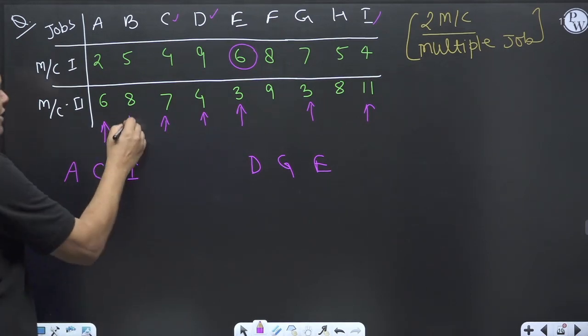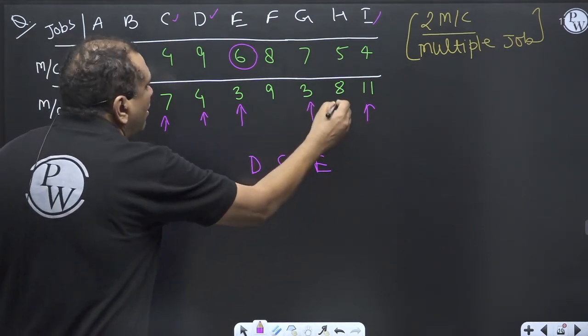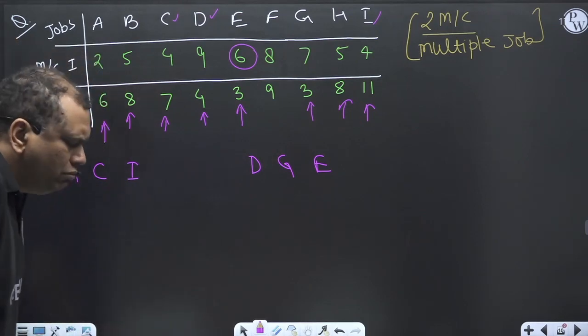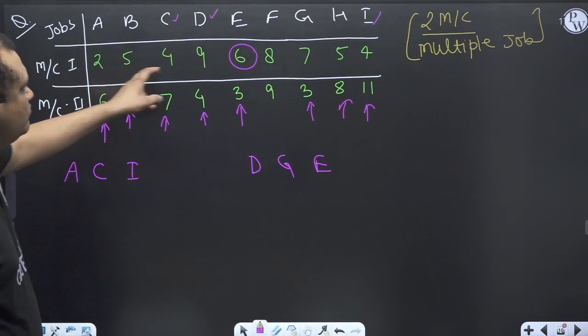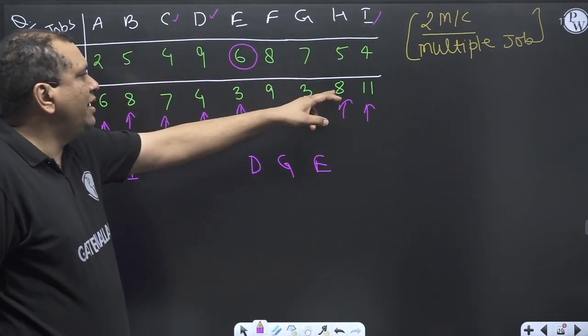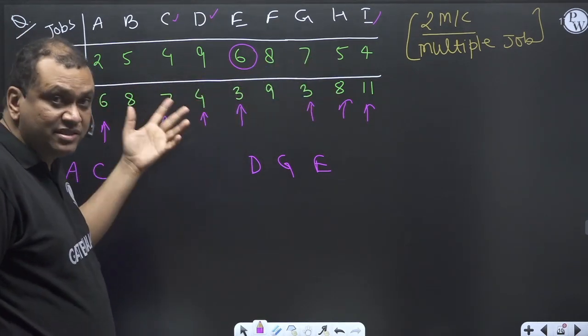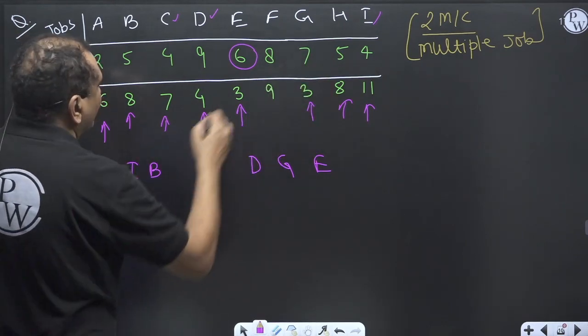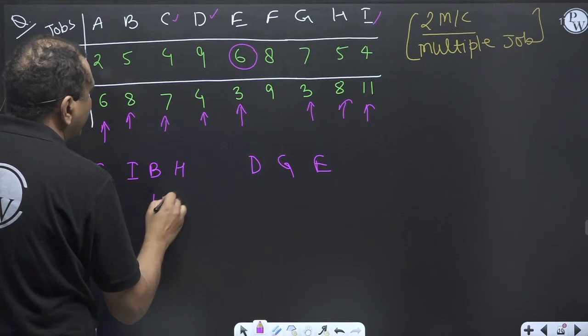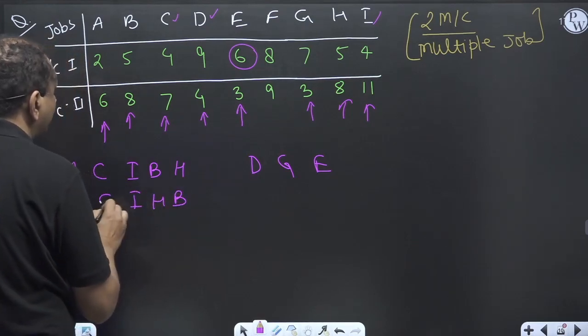Next higher is 5. So 5 is a tie, and the second machine time is also 8, the same. So B, H. There are alternate solutions. HB and BH both are correct.